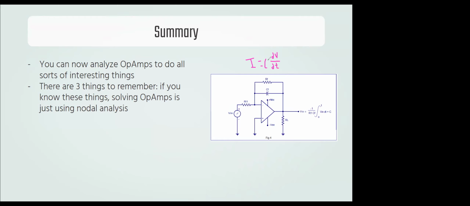Well, since I have a differential equation there that dictates the current, when I do my nodal analysis and solve for it, what I get is that V out is actually the integral of V in over time. And if I put the capacitor here instead, I'd get that V out equals something times the derivative of V in over time. So I can make differentiator and integrator circuits as well. I can make all sorts of interesting things with these op amps and interesting configurations.